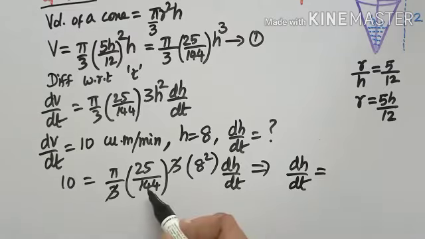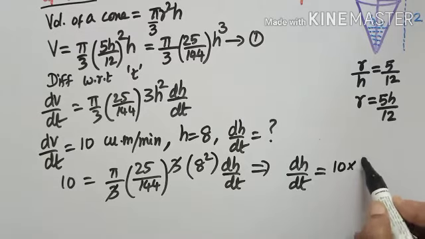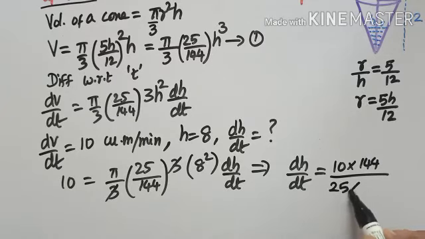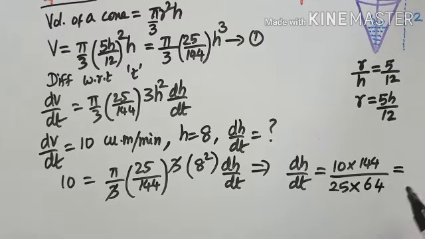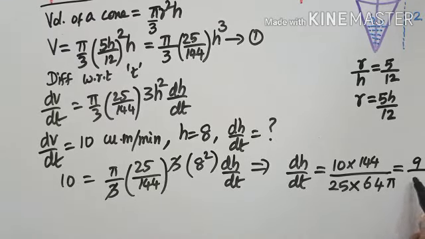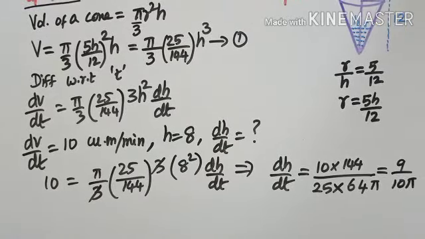Cross multiply: 10 into 144 divided by 25 into 8 square, which is 64. As we cancel and simplify, there is a pi. Do not forget, it will come down. As we cancel and simplify, we get 9 by 10 pi, and it is about height.